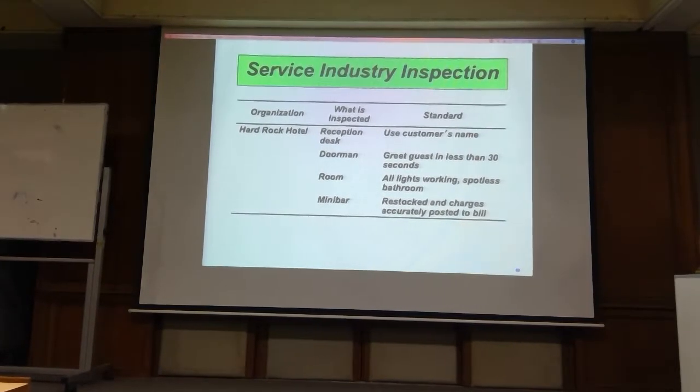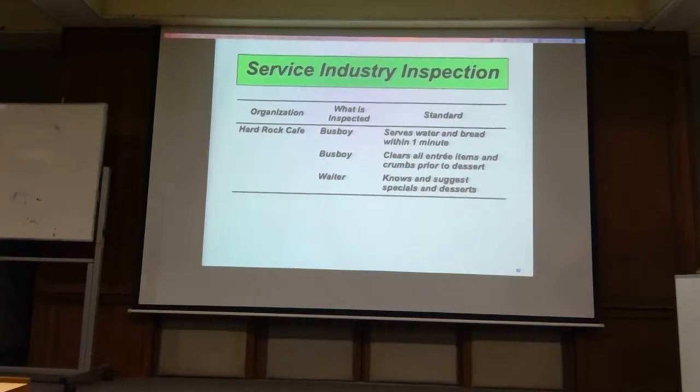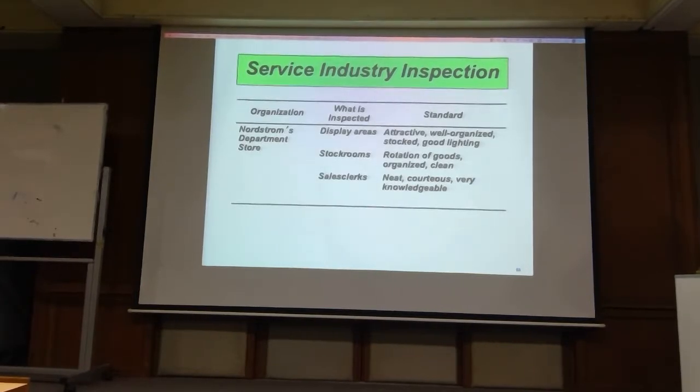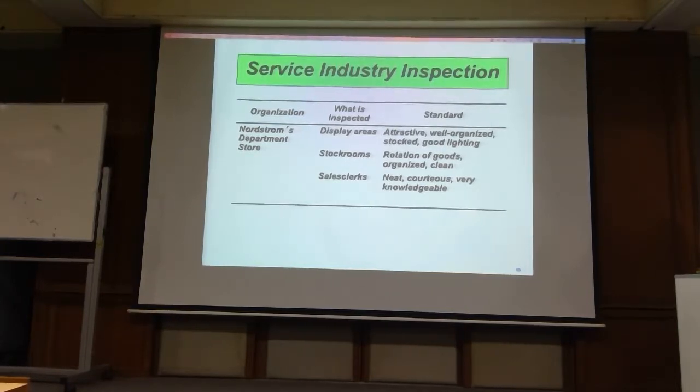These are things we can inspect or have a standard to check. With the hospital, lab, buildings, something like that. Or a restaurant: busboy, waiter, waitress, right? So nothing much, just examples. Or the display area of a department store.